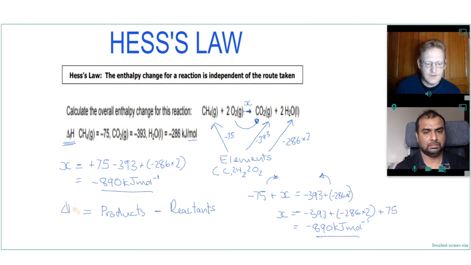So if we look at the enthalpy change for the products, which would be minus 393 add minus 286 times 2, and then we subtract the enthalpy change for our reactants, which is minus 75, that would change the minus 75 to a plus, and we've got the same equation. Our enthalpy change again would be minus 890 kilojoules per mole.